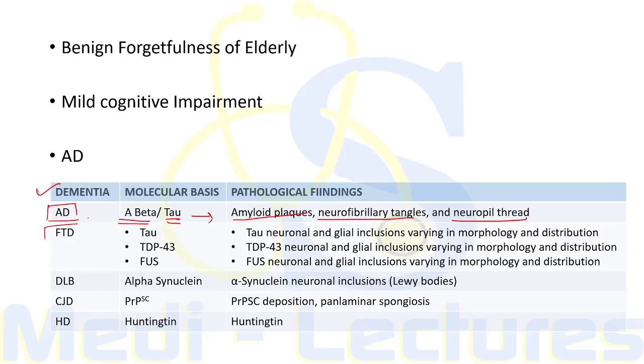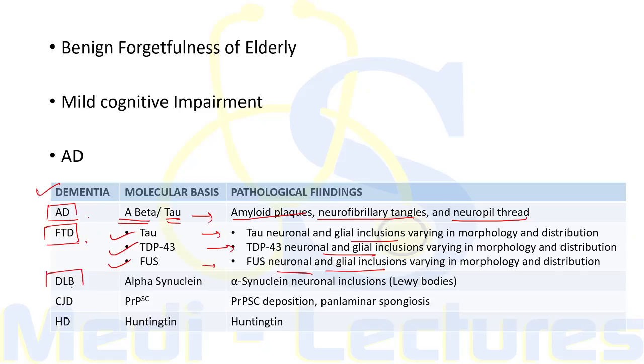In frontotemporal dementia, which includes the frontal as well as temporal lobe, there can be deposition of tau protein, TDP-43 and FUS. Now due to this tau protein, there are neuronal and glial inclusions. TDP-43 can also form neuronal and glial inclusions, and FUS can also form neuronal and glial inclusions.